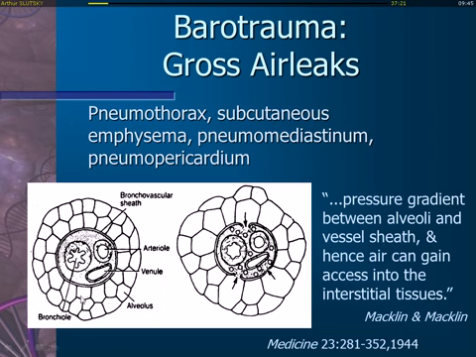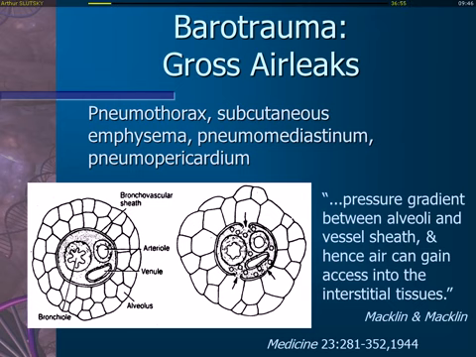If you get an increase in volume of the alveoli or an increase in pressure across this membrane, that could lead to a break in the membrane and cause gas to flow from the alveoli into the bronchovascular sheath, travel proximally, and then out again to cause pneumothorax, subcutaneous emphysema, those things we see in patients with severe barotrauma.